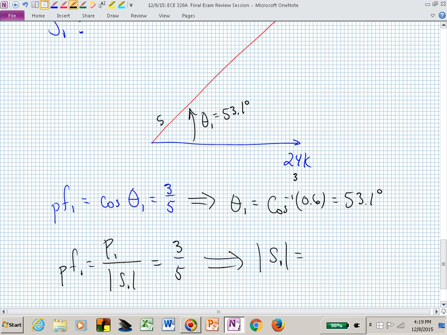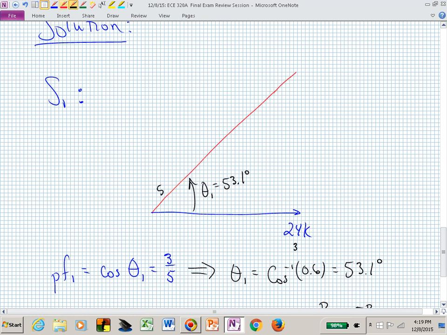S1 is what? S1 is now P1 divided by 3/5, or 8 times 5K, which is now 40K, and that's in volt amperes.